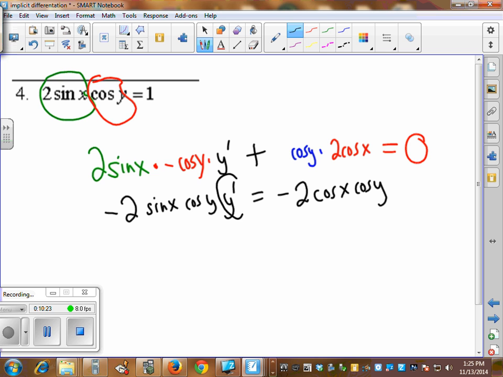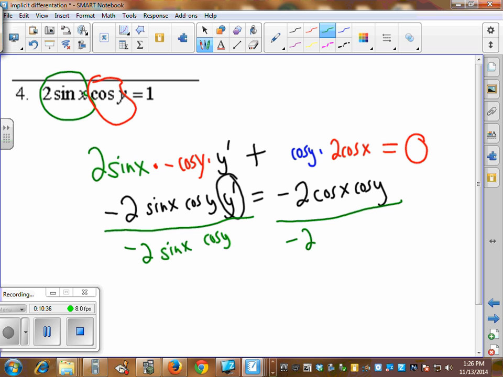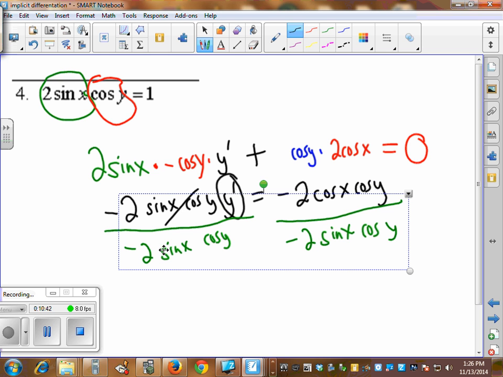We are looking for y', so we can divide both sides by everything else. All this over here cancels, and that leaves us with y'.